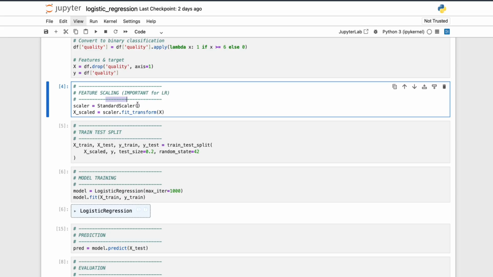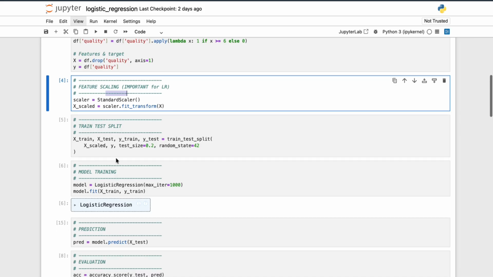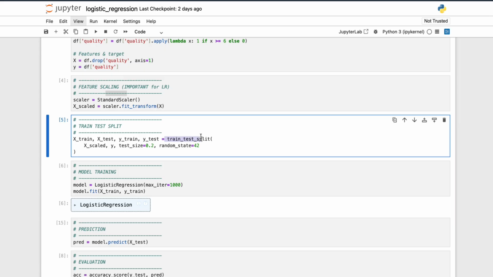After pre-processing, I split the data into training and test sets using the train test split function. I used 80% of the data for training and 20% for testing, which helps us evaluate how well the model performs on unseen data.